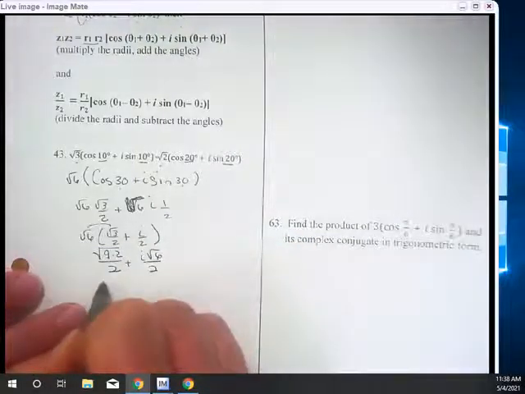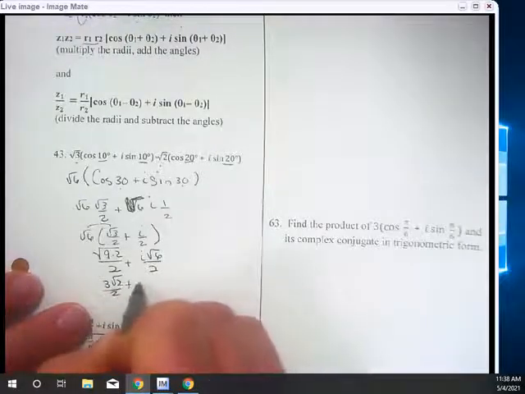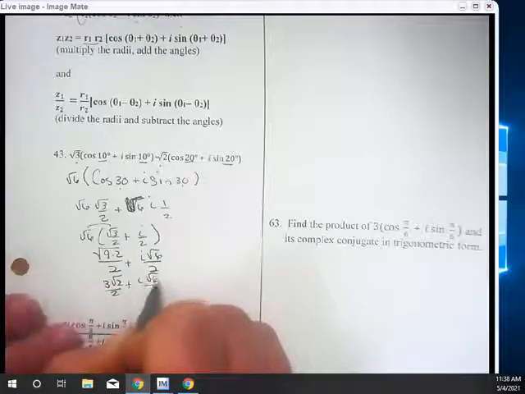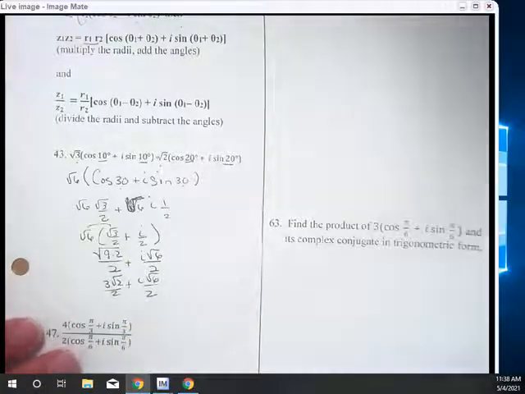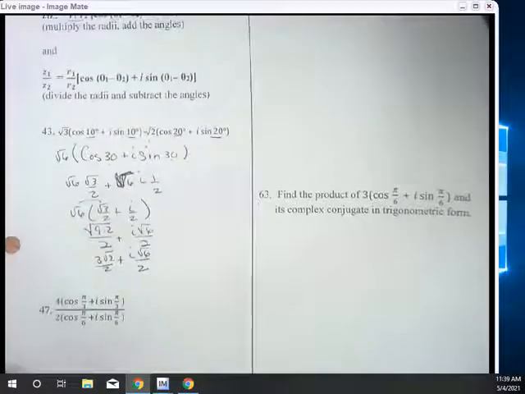The square root of 9 is 3, radical 2 over 2, plus i square root of 6 over 2. So those would be exact answers. If they want decimal approximations, you can just type them into the calculator and round to your appropriate decimal places. And that's just the answer? Uh-huh. That's the answer. Okay, cool.